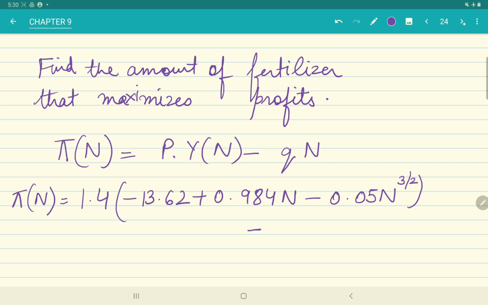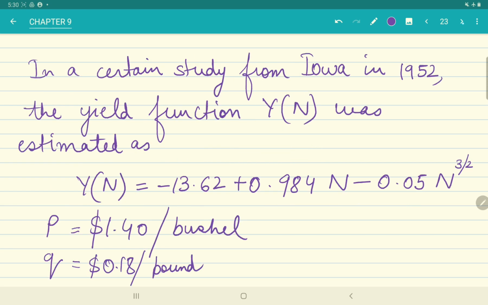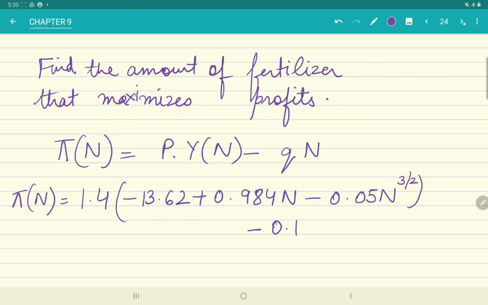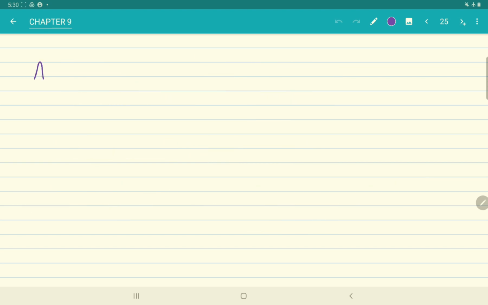Now Q is 0.18, so I'll just write minus 0.18 n. Here I will calculate pi prime n and equate it to 0. If I calculate pi prime n, I don't take into account the minus 13.62.